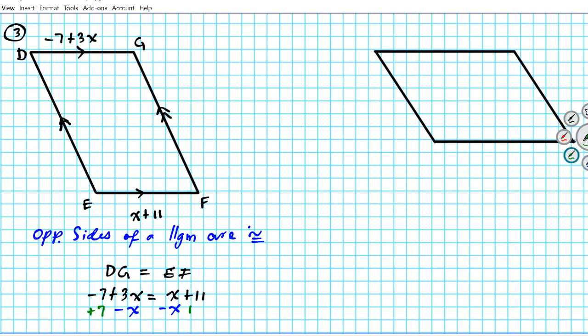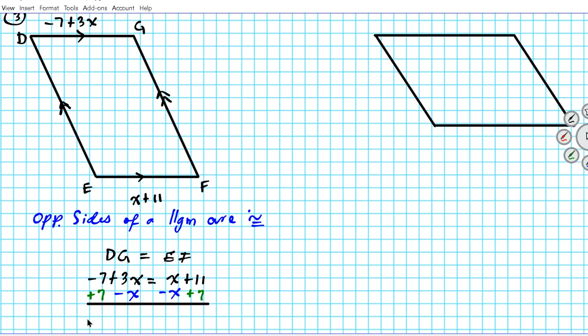The x's cancel to 0 on the right, 3x minus x is 2x, and we have 2x equal to 11 plus 7, that's 18.